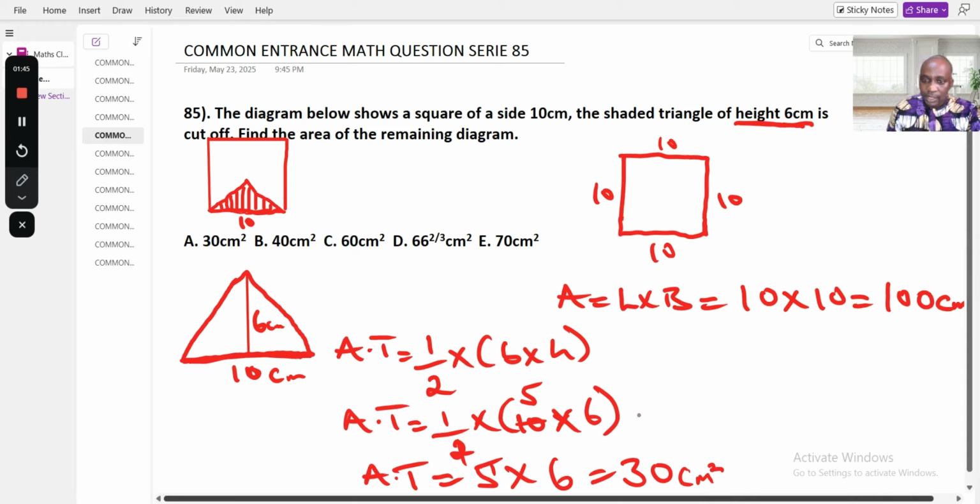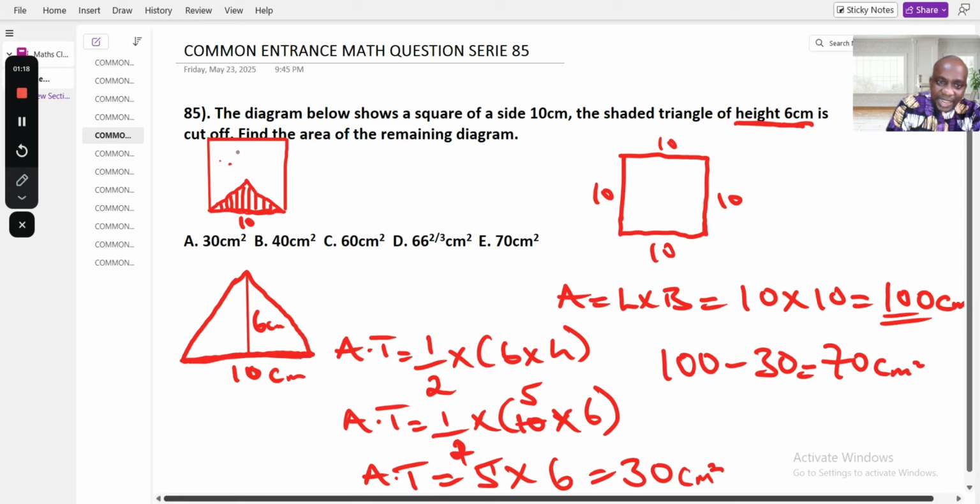Okay. Now we have calculated the area of the inner triangle, 30. 100 minus 30 is going to give us what? 70. Therefore, the unshaded area, the area of it, is what? 70.